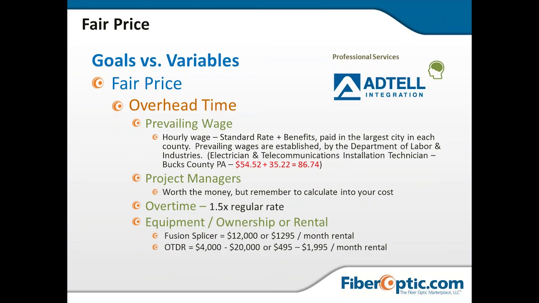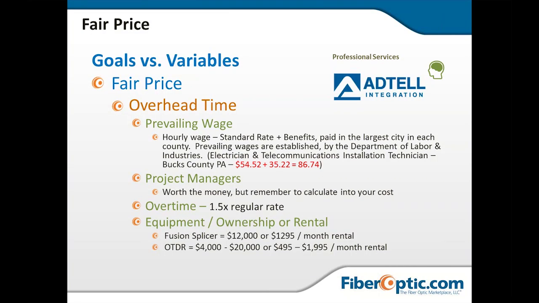So you may be typically paying somebody 15, 20 bucks an hour as a lower level technician, but the state is going to mandate that you prove you're paying up to, and this is an example I pulled off the internet, in Bucks County, an electrician and telecommunications installation technician has to make a total of $86 an hour.